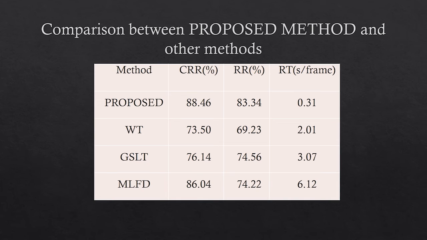Compared with GSLT, the method in this article has significantly reduced time and space complexity and improved recognition rate in the process of extracting 3D features. Compared with MLFD, the correct recognition rate of the method provided in this article is 2.52% higher.